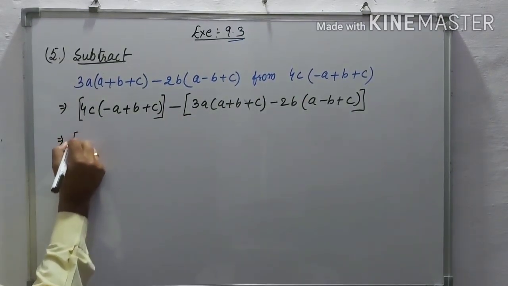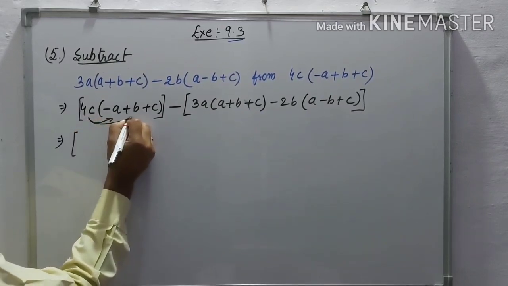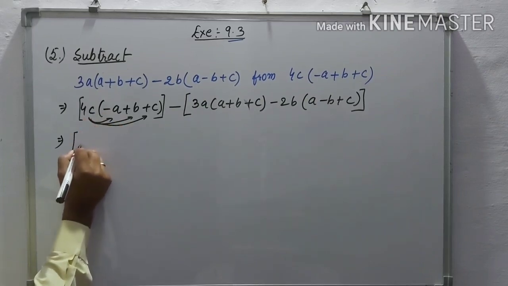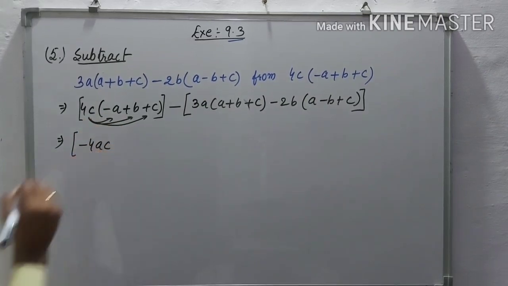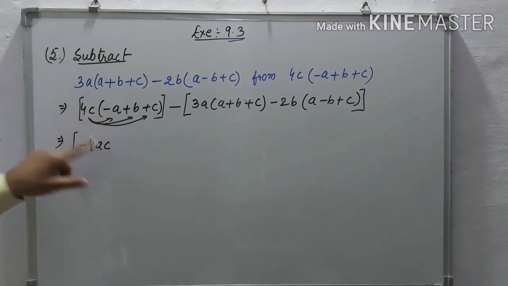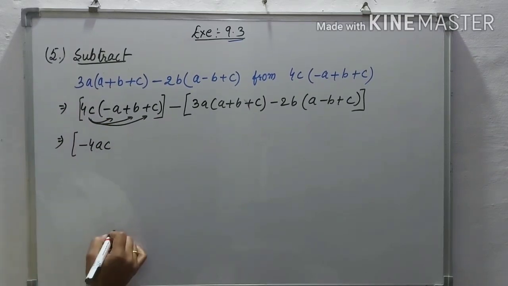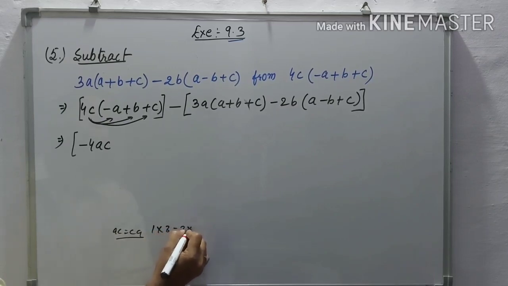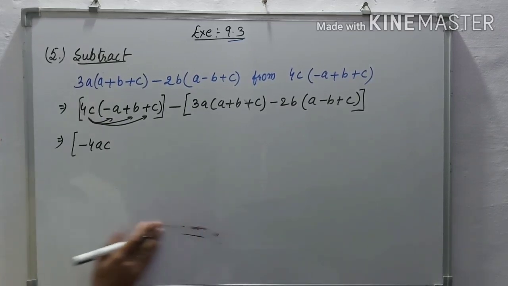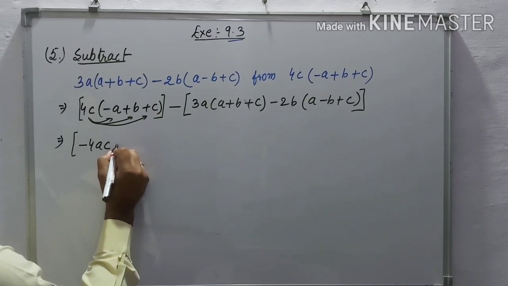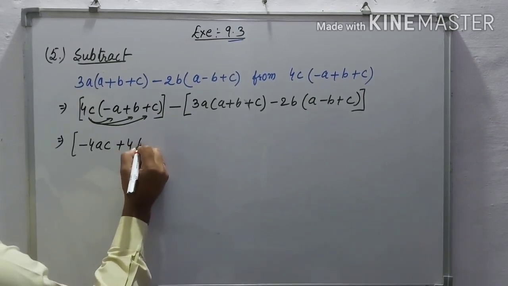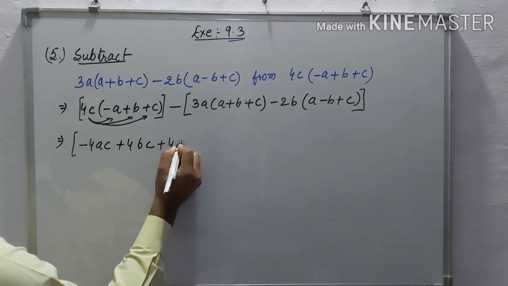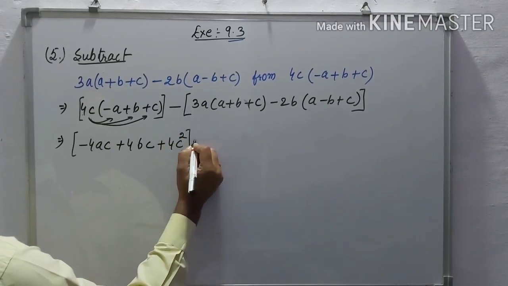Solve the internal part means first you multiply first with second and third. So 4c times a is 4AC, and C and AC are the same because 1 multiply 3 and 3 multiply 1 are the same. Now next is plus 4BC and plus 4C square, bracket close, minus sign.